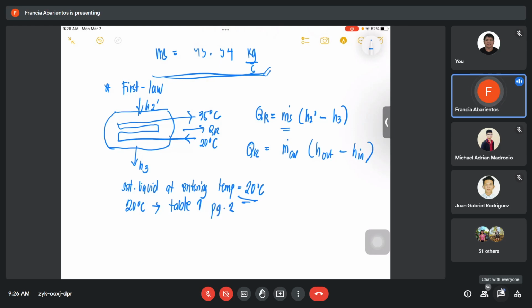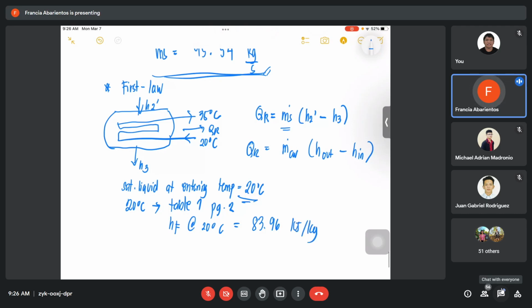We have now HF at 20 degrees, since it is a saturated liquid. We have 83.96 kilojoule per kilogram.